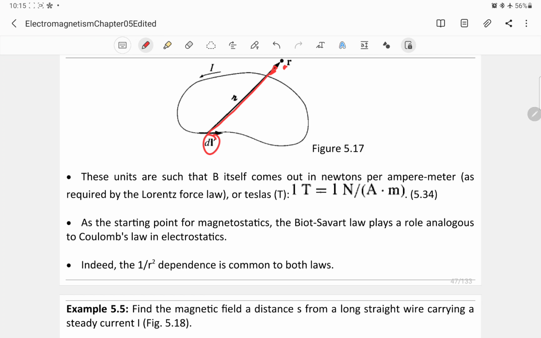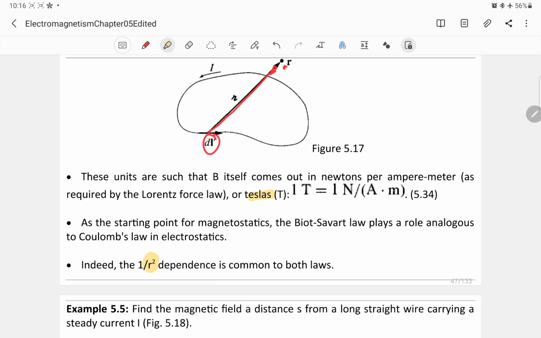These units are such that B itself comes out in newtons per ampere meter, as required by the Lorentz force law. So you can also have the unit in Tesla, which is equal to 1 Newton per ampere meter. The Biot-Savart law plays a role analogous to Coulomb's law, and as you can see, there is also a dependence on 1 over r squared.